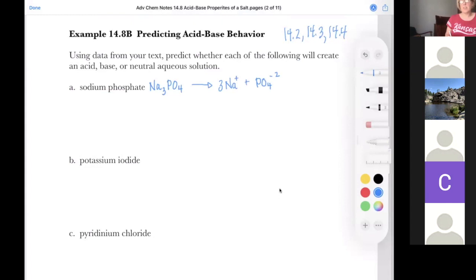So we have to ask ourselves, okay, in this salt, what does the sodium ion do? Well, we know that alkali metals, we just learned, exhibit no acidic or basic behavior.